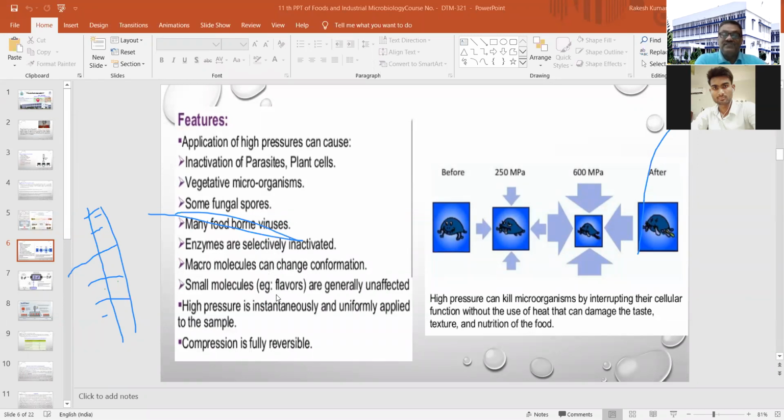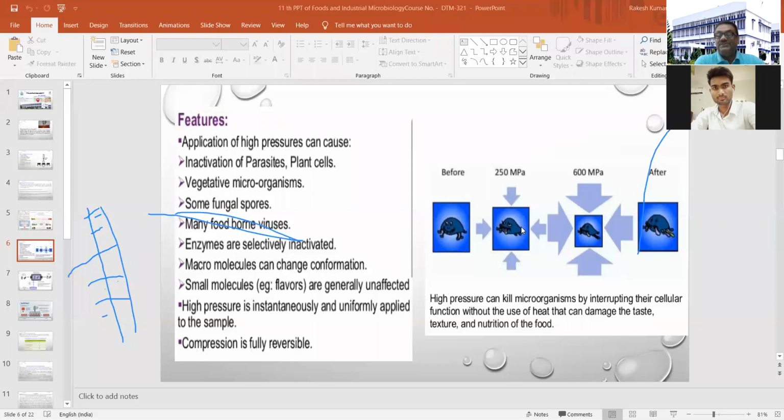Then macromolecules can change conformation. Small molecules are generally unaffected, and high pressure is instantaneously and uniformly applied to the sample. So these are the features of high pressure technology. Here in this figure, you can see the condition of a microorganism.